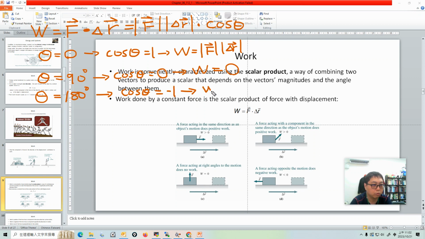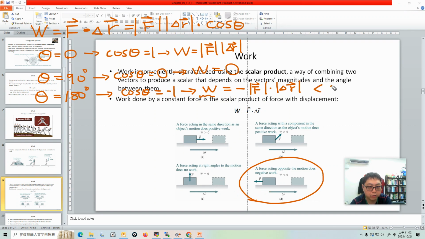That means your work is negative: force magnitude times displacement magnitude. Your displacement vector is here, but your force vector is reverse, or opposite, to the displacement vector. So your work is negative, less than 0.